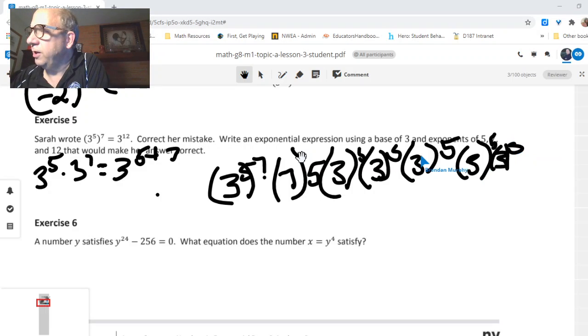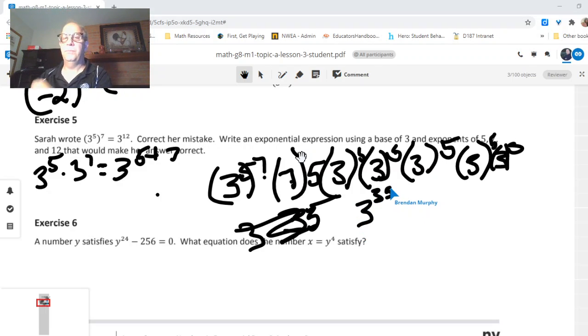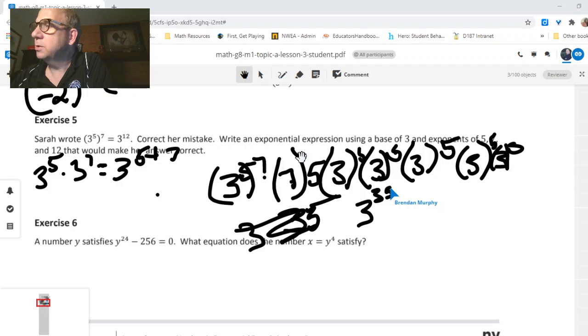So that's 5, 10, 15, 20, 25, 30, 35 threes. So write it a little better: 3 to the 35th power. Right? So what was her mistake? She added when she should have multiplied the numbers. Right?